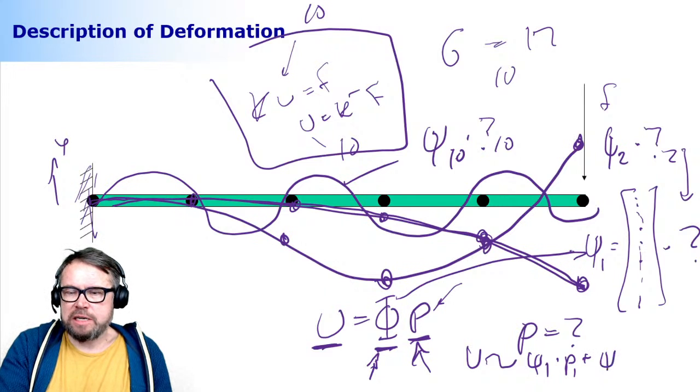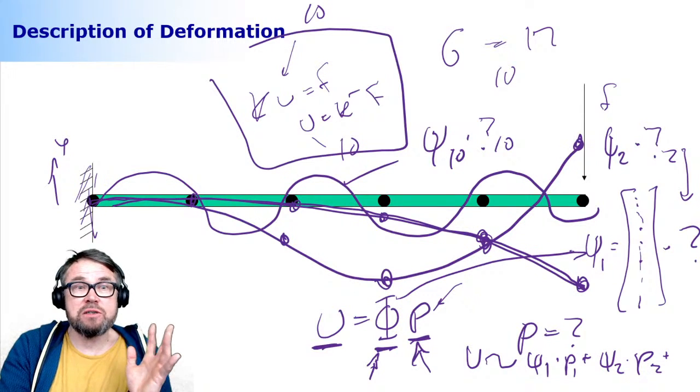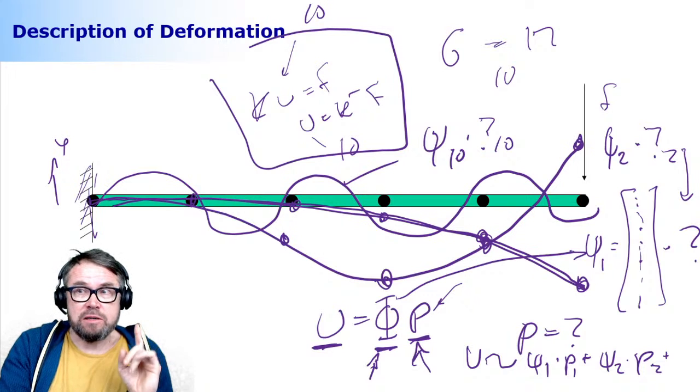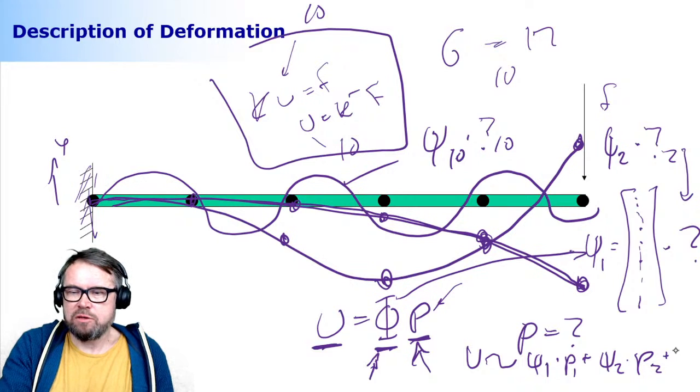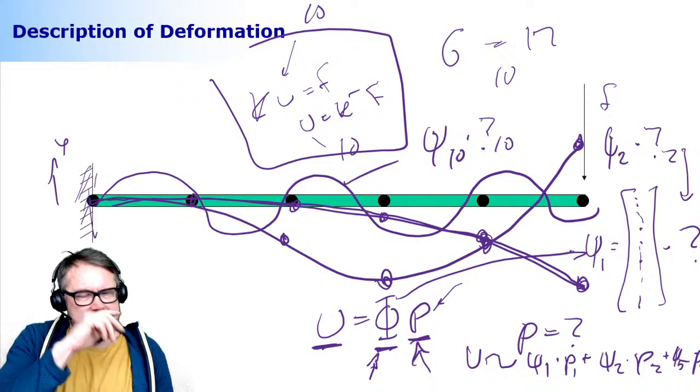I can take my second multiplied by its modal coordinate, and maybe the fifth, and I will get an approximation that is okay. It's not exactly the same as where I started, but I don't sacrifice that much accuracy, and I will gain a lot in terms of computational efficiency. So if this is the fifth that I'm taking, this is how it's going to be. This is the fifth as well.